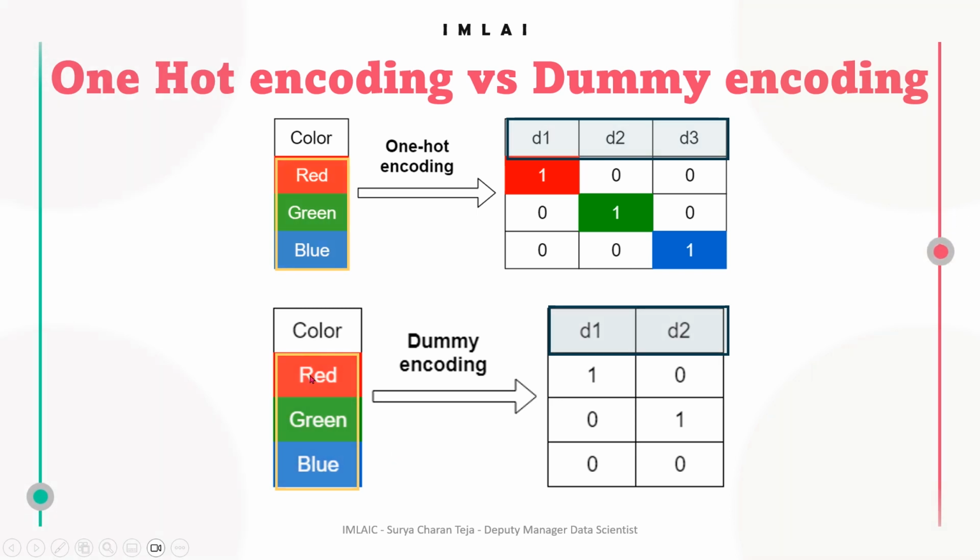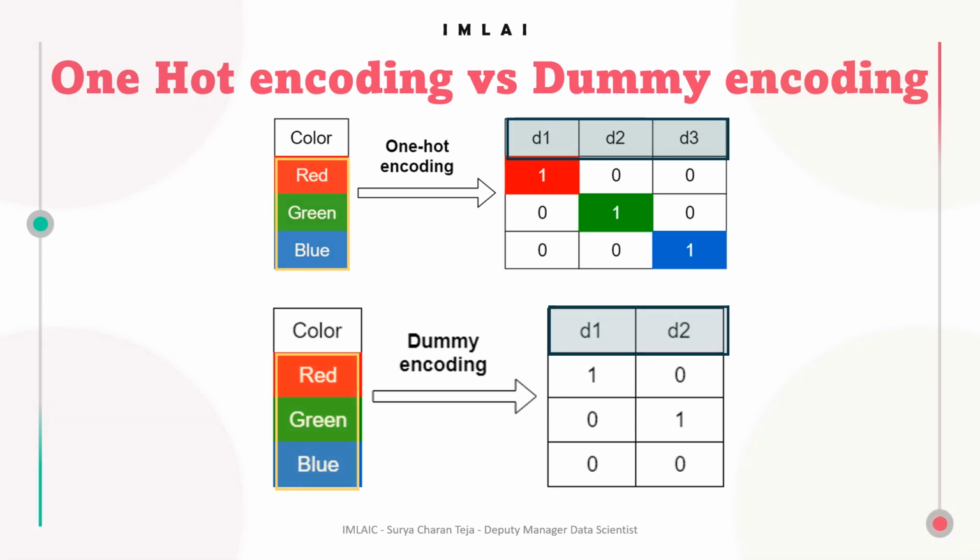If the value is red, then d1 will take 1 and d2 will be 0. If the value is green, then d1 would be 0 and d2 would be 1. If the value is blue, neither dummy feature is 1, so you will have 0 0. So that's the main difference between OneHot encoding and dummy encoding.